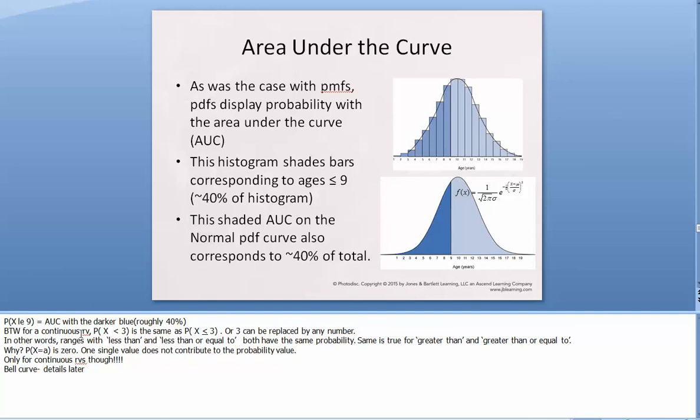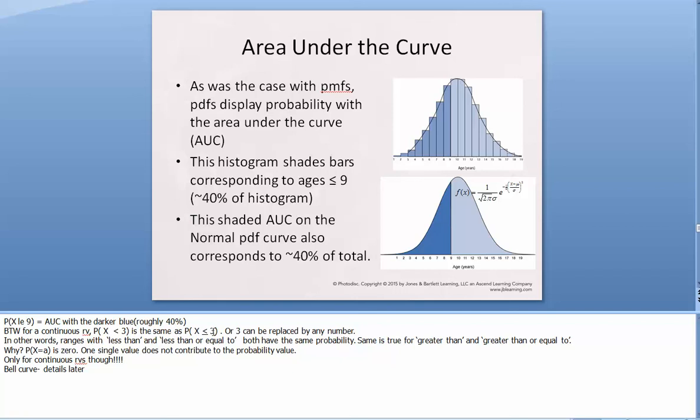For a continuous random variable, the probability that X is less than 3 is the same as X is less than or equal to 3. The reason is, what is the difference between the two? One contains 3 in addition, but the probability that X is exactly equal to 3 is 0, as we talked about earlier.